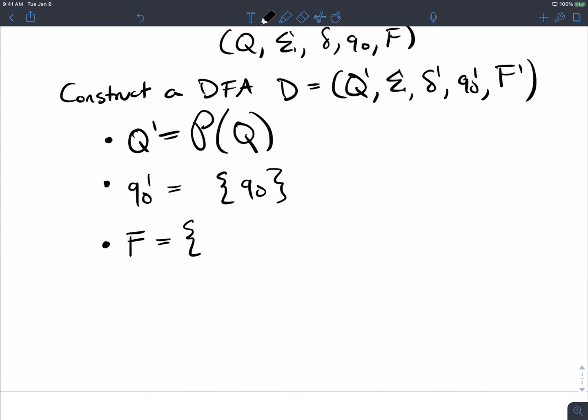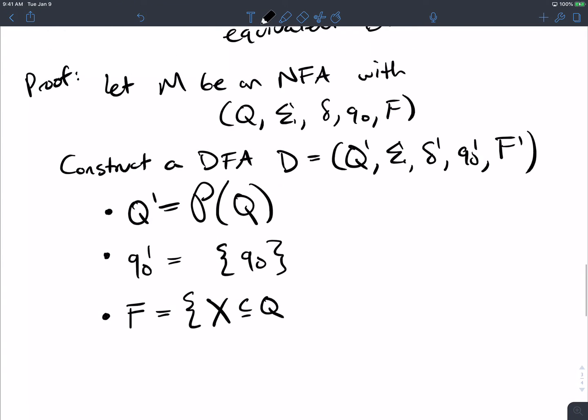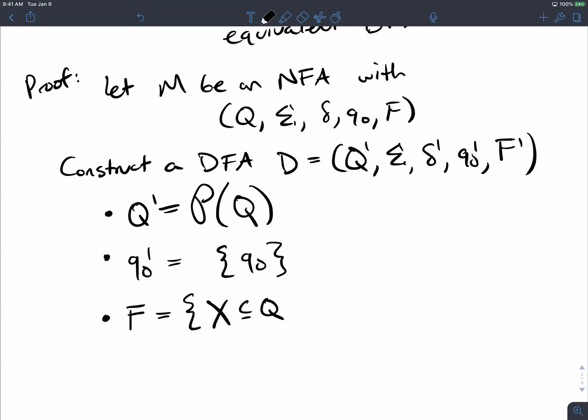Okay, so what do we do here? It's all the subsets X of the set of states in the NFA. So let's be clear here. The Q right here in the set is the set of states in the NFA. The reason I'm doing this will be clear in a second.